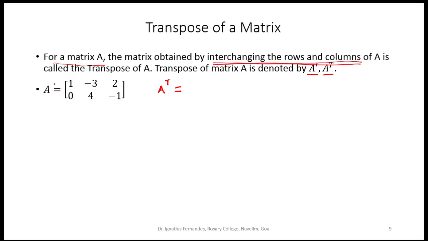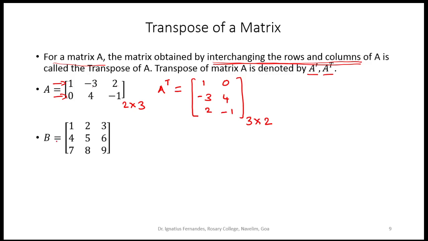That means the first row, 1 minus 3 2, becomes the first column. The second row, 0 4 minus 1, becomes the second column. If the dimension of matrix A was 2 by 3, when we write its transpose, the dimension is going to be the opposite, 3 by 2. So rows become columns and columns become rows. We interchange rows and columns.